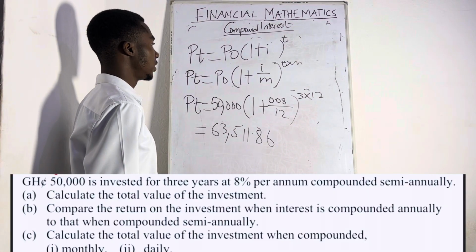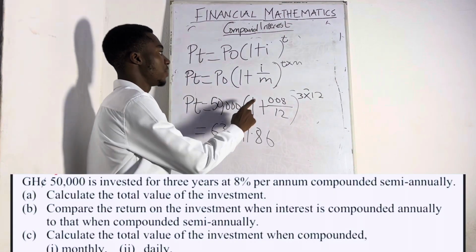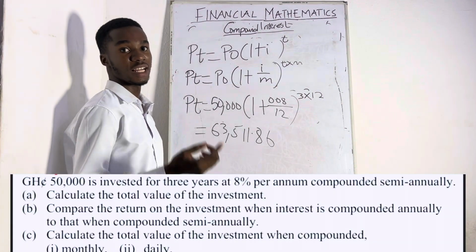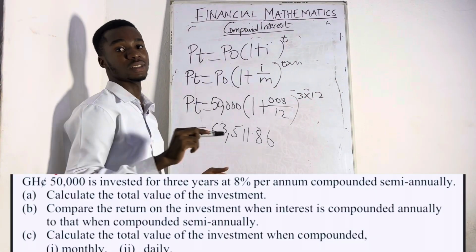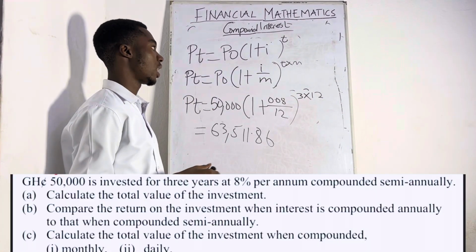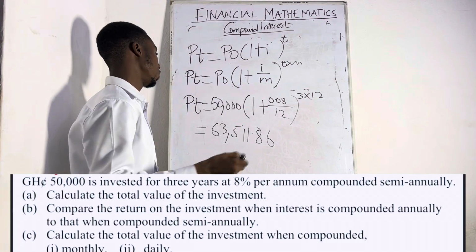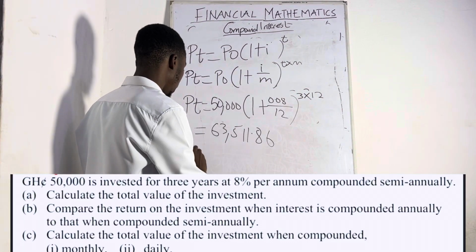So if you are compounding daily, it means that our M is going to be 365 because there are 365 days in a year. And I said the M is the number of times you compound in the year. Do you get it? So now our M will be 365. So let's substitute it into the formula.